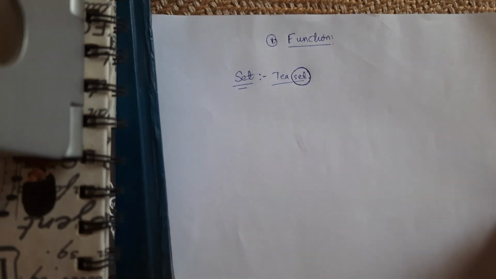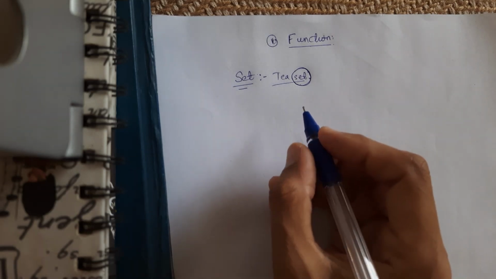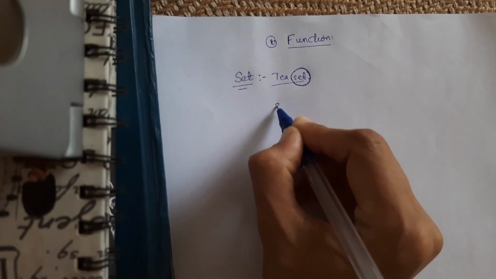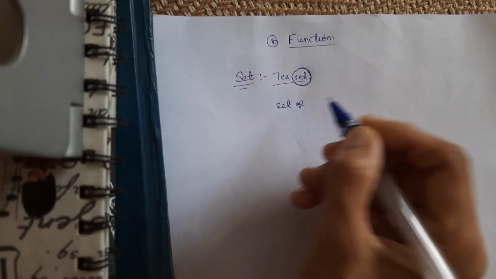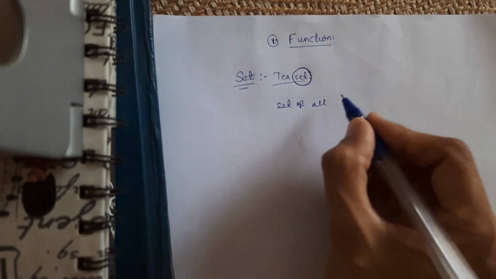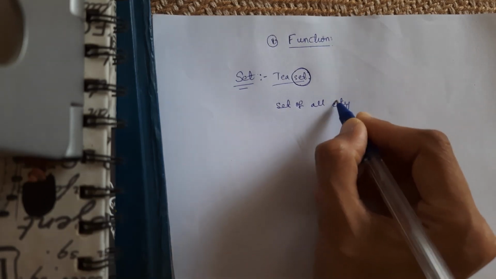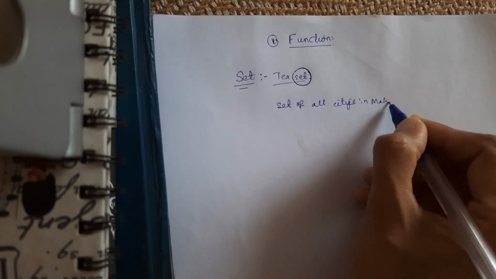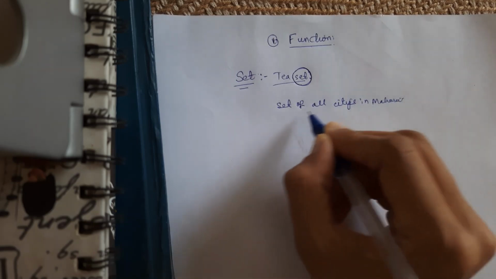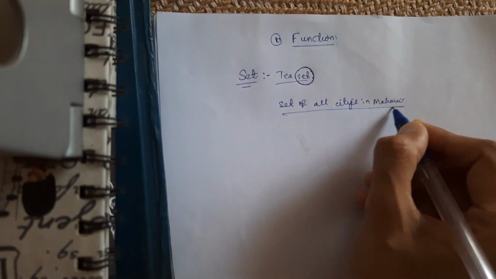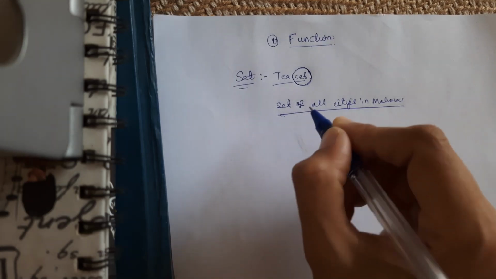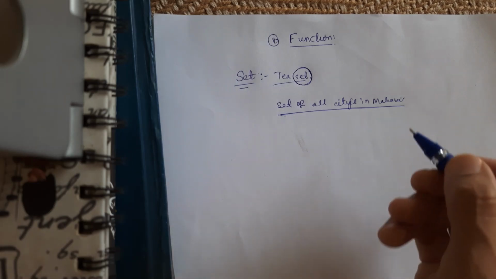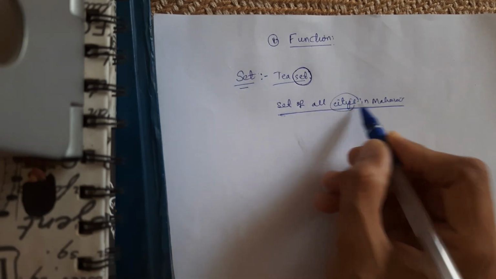So for example, suppose the set of all cities in Maharashtra. We are not including villages or talukas or sub-taluka places, just the cities in Maharashtra.